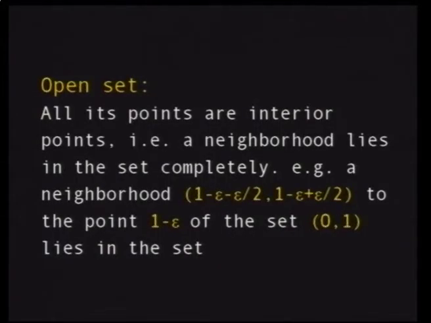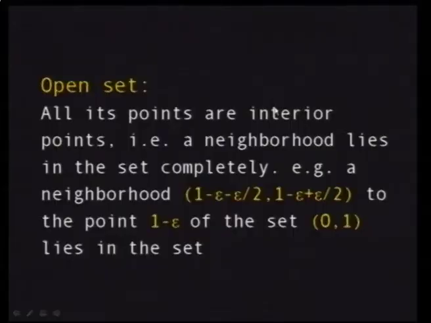Whereas if the set does not contain all its limit points, we call it an open set, for example. For example, the open interval from 0 to 1, 1 is a limit point to the set, and yet is not an element in the set. But any point, for example, half, is a limit point and an element in the set. So it contains limit points and points that are not elements in the set and still are limit points. So since it doesn't contain all its limit points, but all its points are interior points, what is the meaning of interior points?